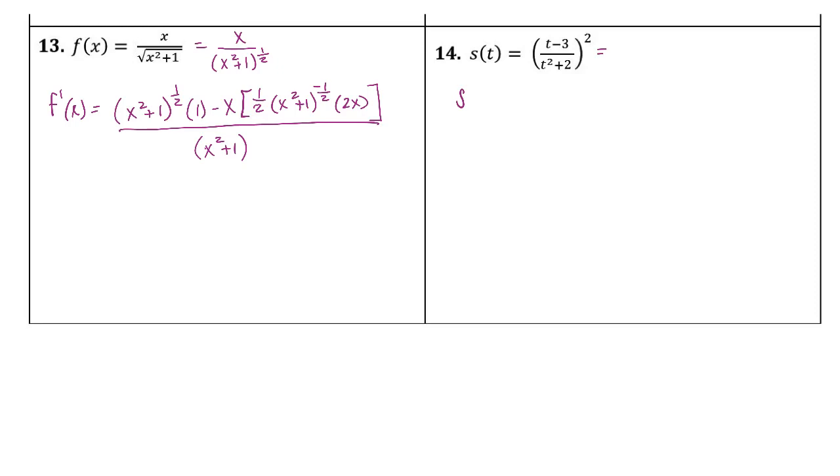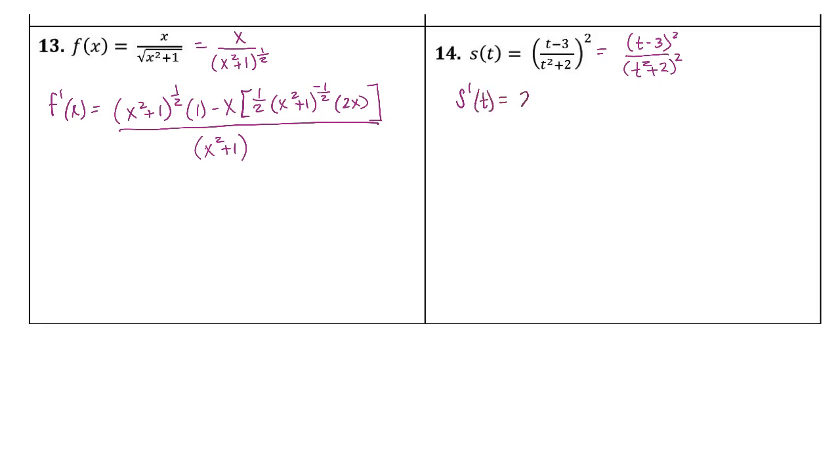Over here on this one, let's rewrite this to be t minus 3 all squared over t squared plus 2. That's one way we could do it, all squared, or we could do the chain rule like it is. Let's try the chain rule like it is just to see.